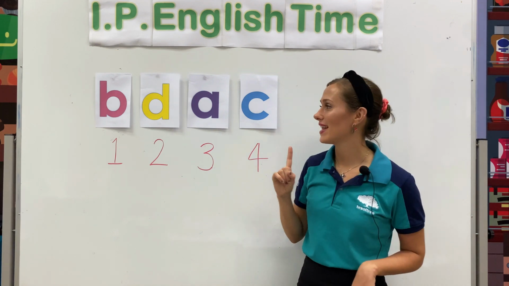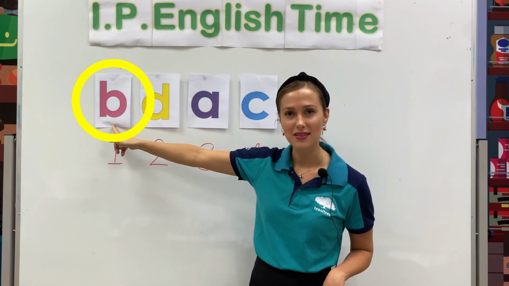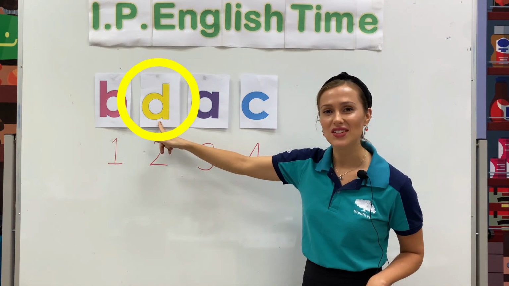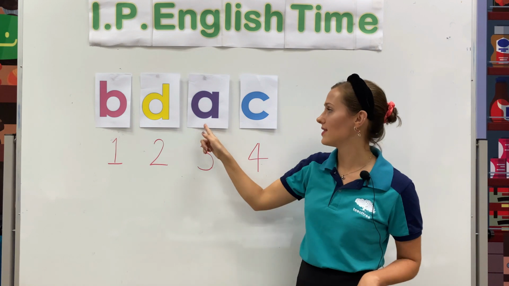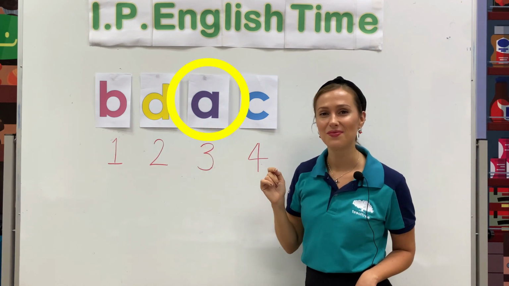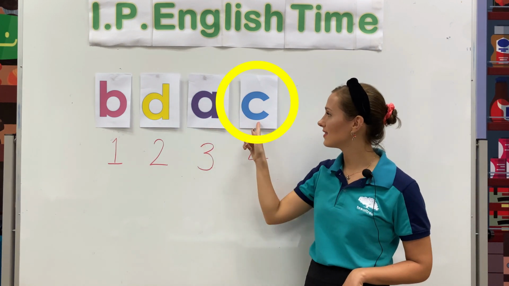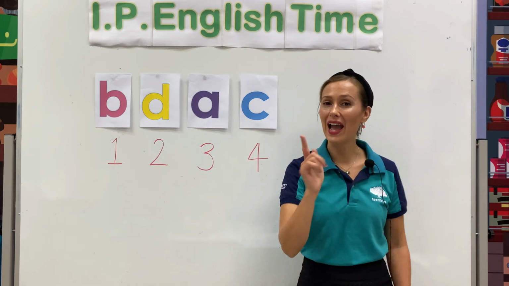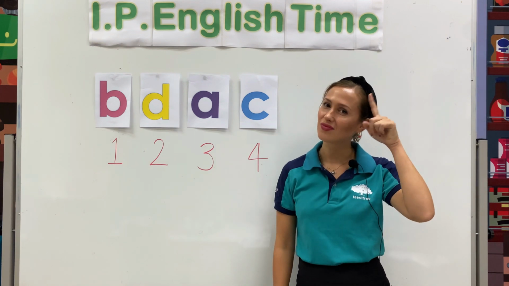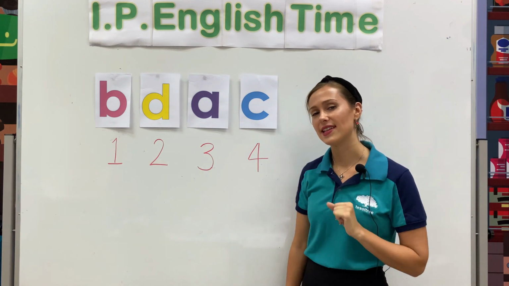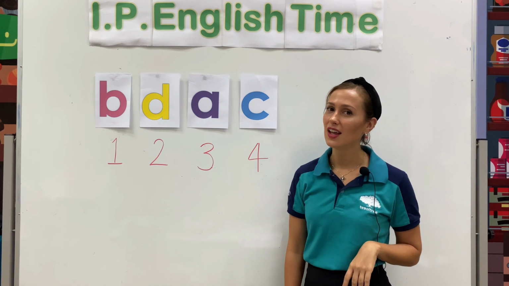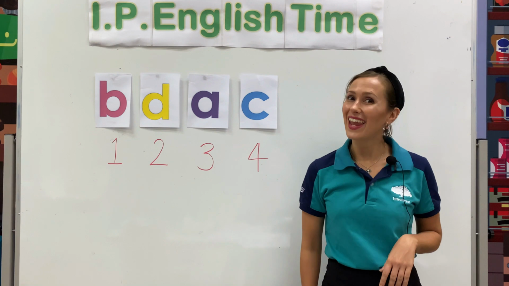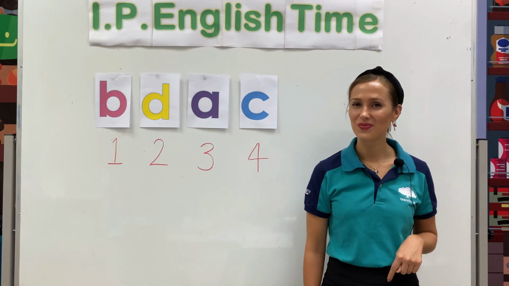Number 1 is letter B. Number 2 is letter D. Number 3 is letter A. And number 4 is letter C. Now, I want you to think. What is the first letter of the alphabet? We will put 1, 2, 3, 4 letters in the correct order.